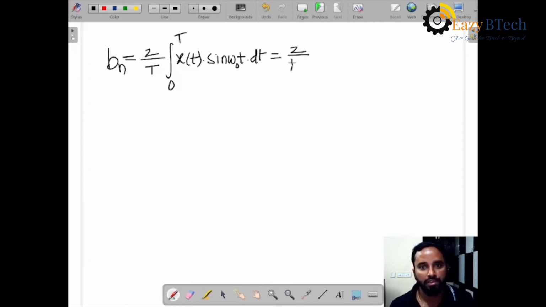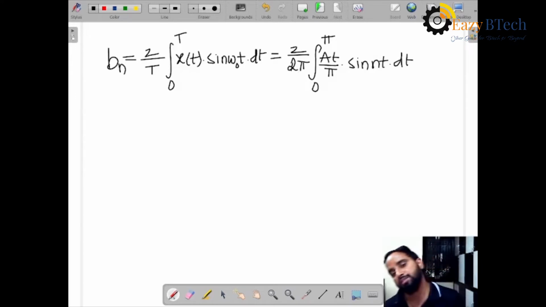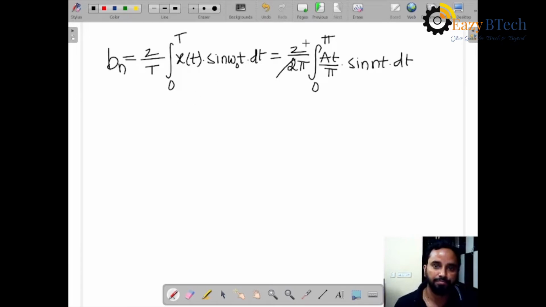Take capital T as 2 pi, and the integral is 0 to 2 pi, but only from 0 to pi is x of t available, which is a t by pi, sin nt dt, because T is 2 pi, omega naught equals 2 pi by T, that is why omega naught is 1, as we already discussed.